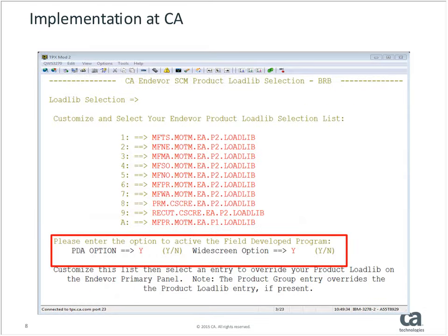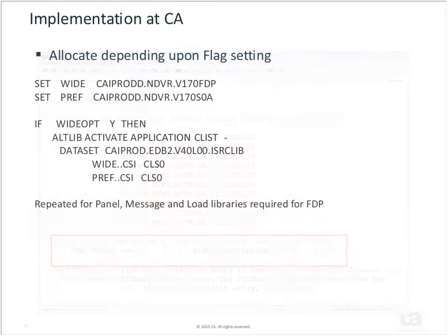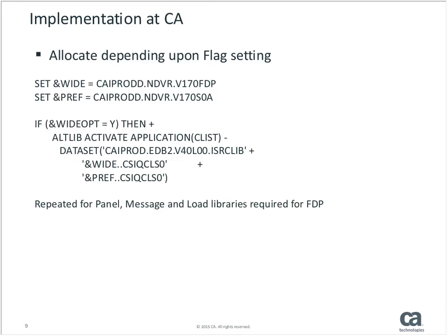Okay. One of the panels off of this access panel allows the user to put in the options, and that's where I put in a Y to say turn this on. And then we use the C-list allocation or REXX allocation to define the data sets. I defined a couple of variables here for the FTP data sets, and then the preference symbolic is for the SMP/E target libraries that are installed where Endeavor is installed.